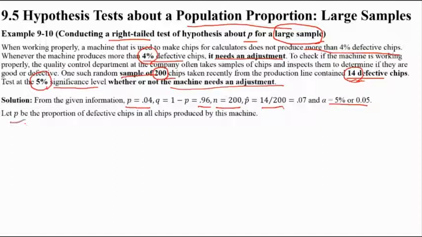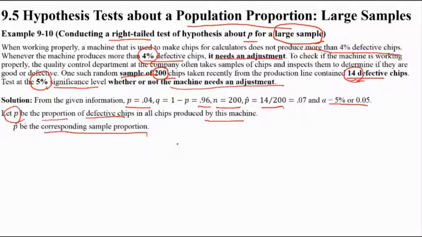The proportion here is about the defective chips produced in this machine. P is the population proportion, and P hat is the corresponding sample proportion.